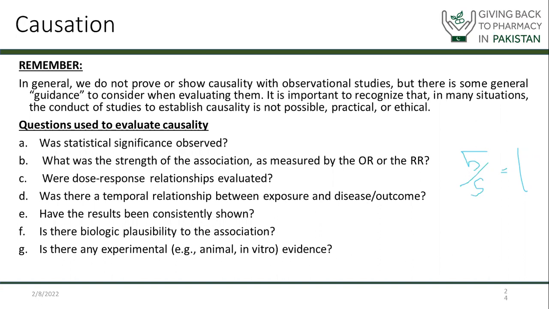Have the results been consistently shown, or might there be one time it's not giving you a significant result? Is there biological plausibility to the association? Is there any experimental evidence? So this is the causality you have to find out. It will help you tell whether your study is good or not.